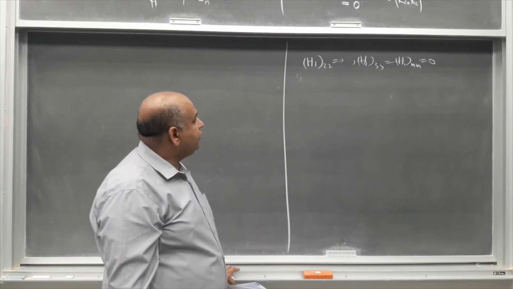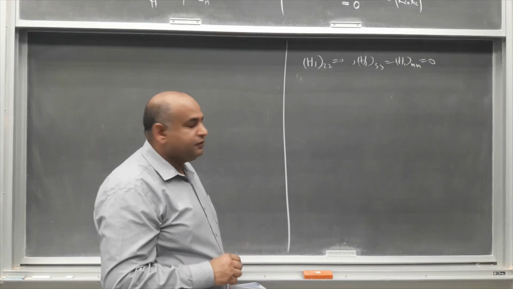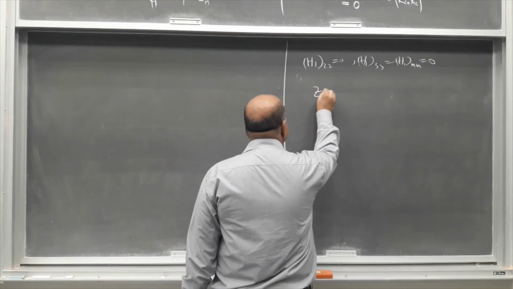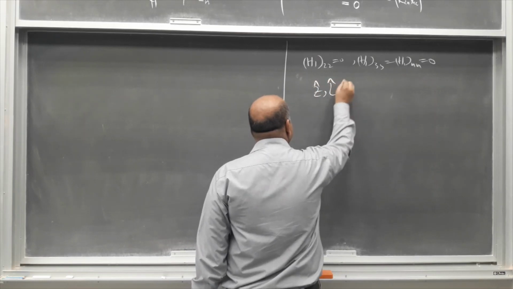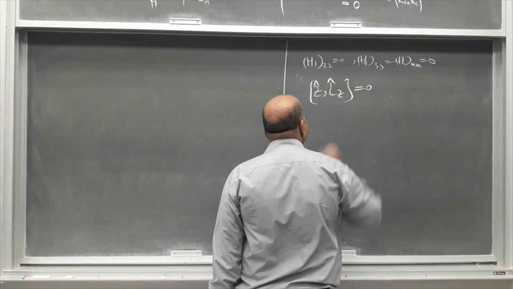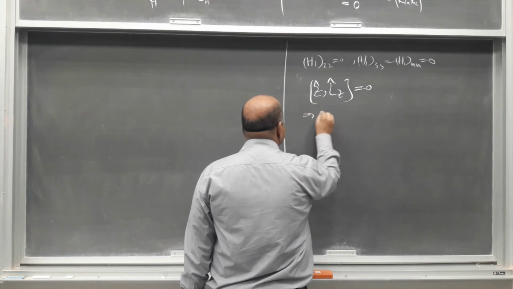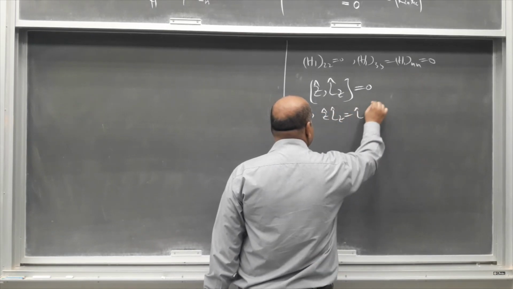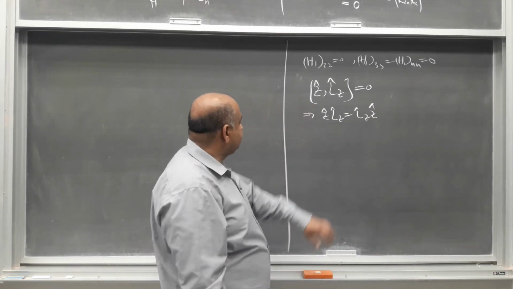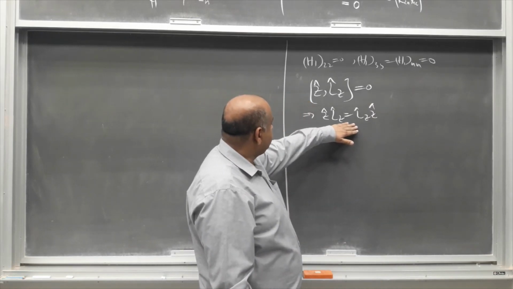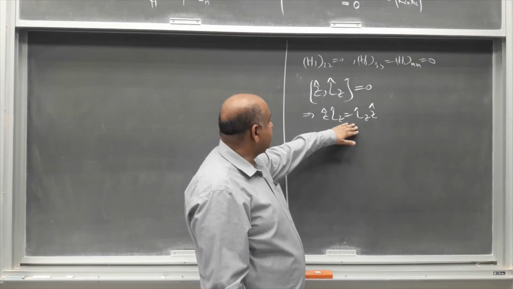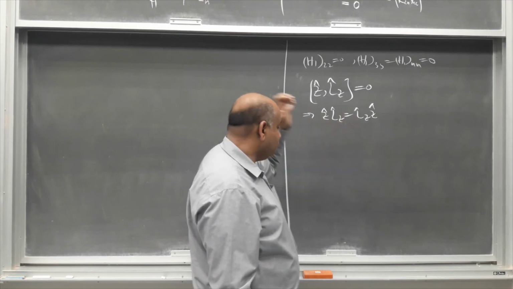Now, to evaluate the off-diagonal terms, even before we do that, let me just note one thing. We have already seen that Z and Lz commute, which means that the commutator of Z and Lz is equal to 0. Let's use this commutator relation for a very nice property that will help us determine those elements.